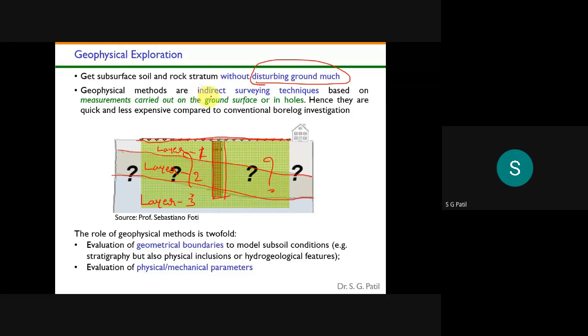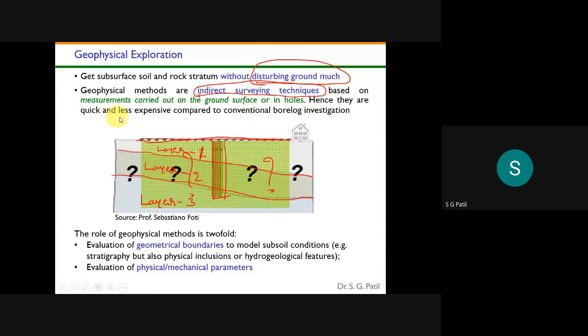So geophysical methods are an indirect surveying technique. Why is it called an indirect surveying technique? Because we are measuring some parameters on the ground surface, and from those parameters I can estimate the different soil layers. What are those parameters? We'll come to that in the coming slides. So geophysical methods are an indirect surveying technique based on measurements carried out on the ground surface or in the hole.